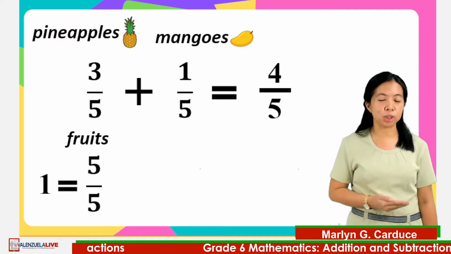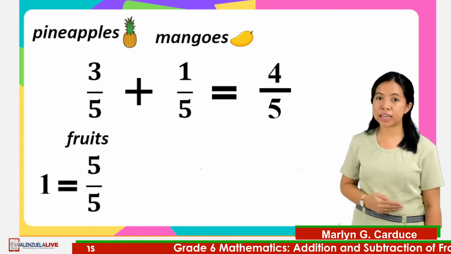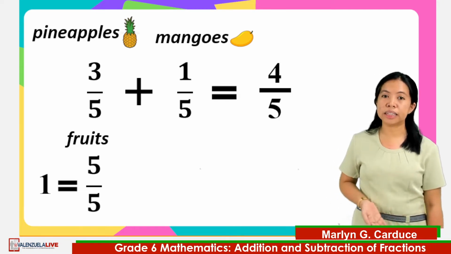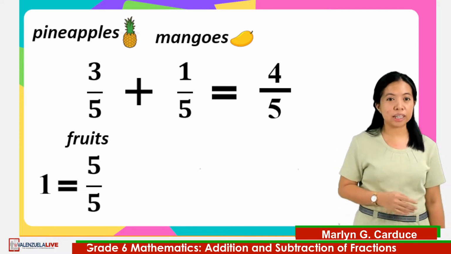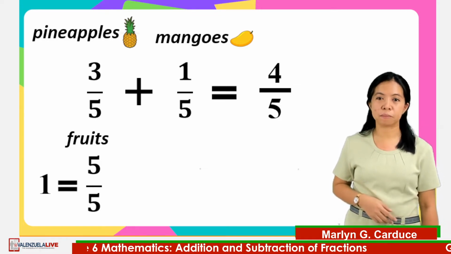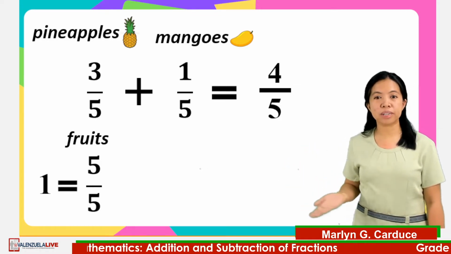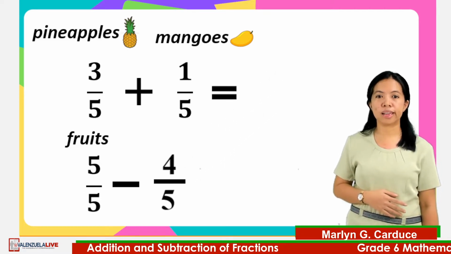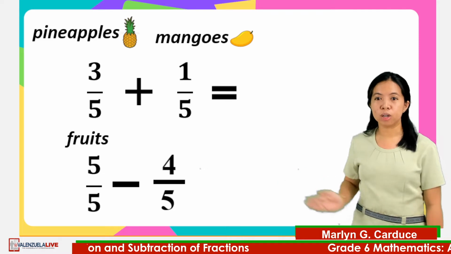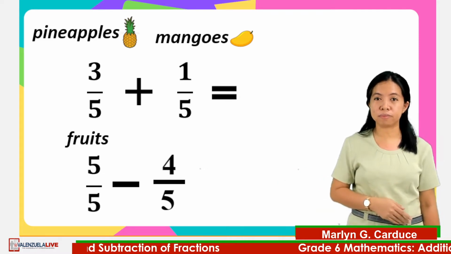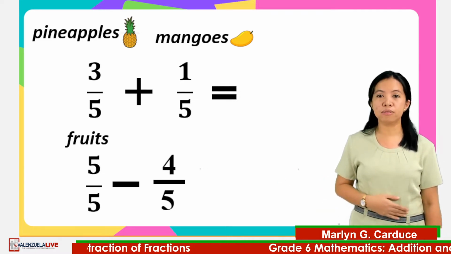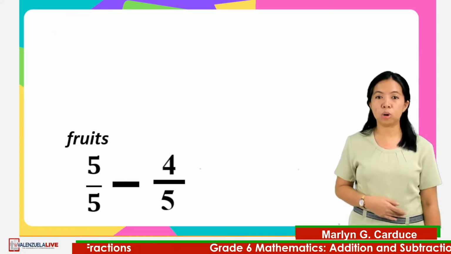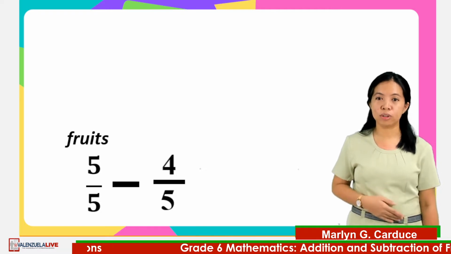Recall that a fraction with the same numerator and denominator can be simplified as a whole because a number divided by the same number is always equal to 1. So to get the fraction for bananas, let us subtract 4/5, which is the sum of the fractions of pineapples and mangoes, from 5/5, which is equal to a whole for the total number of fruits.